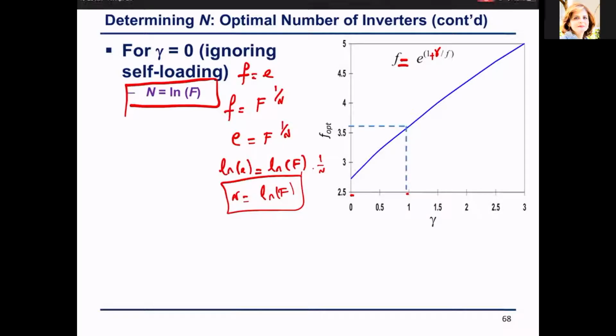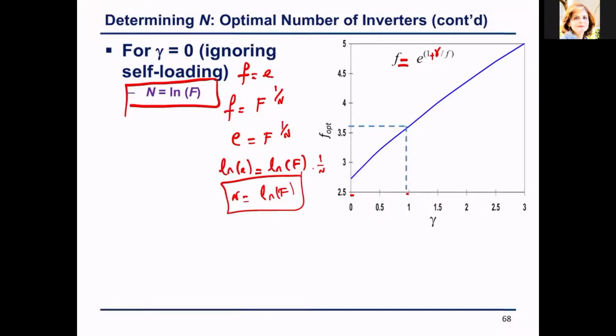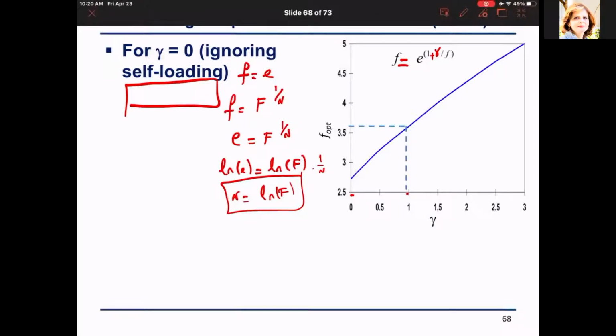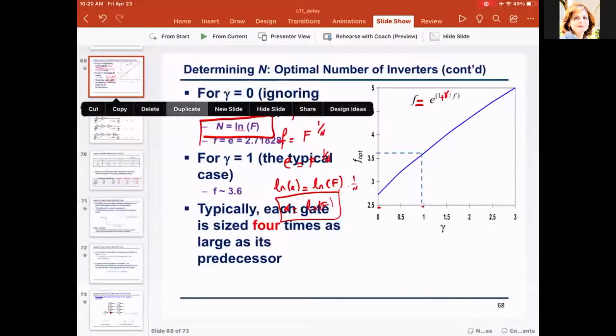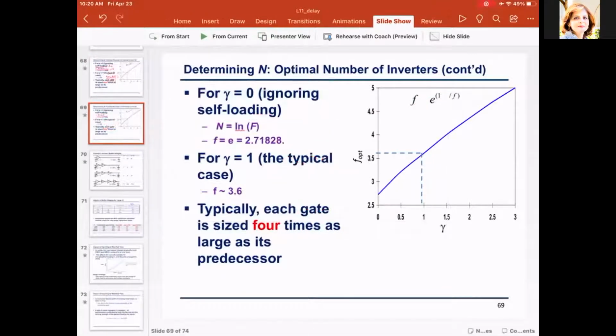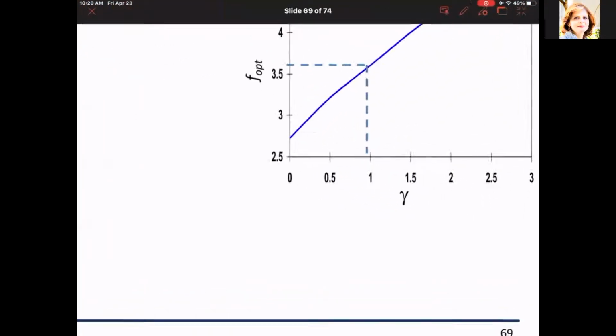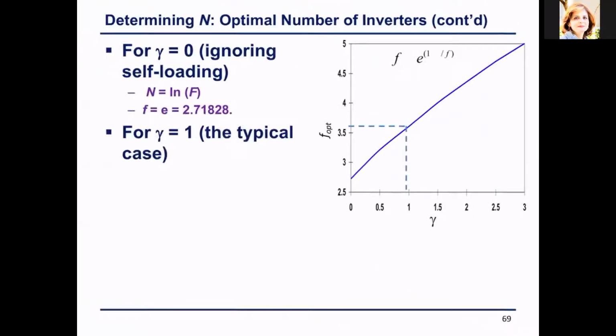Okay. And now let us see what the other values are. For the other values here, if gamma equals 1, my f is going to be equal to 3.6.